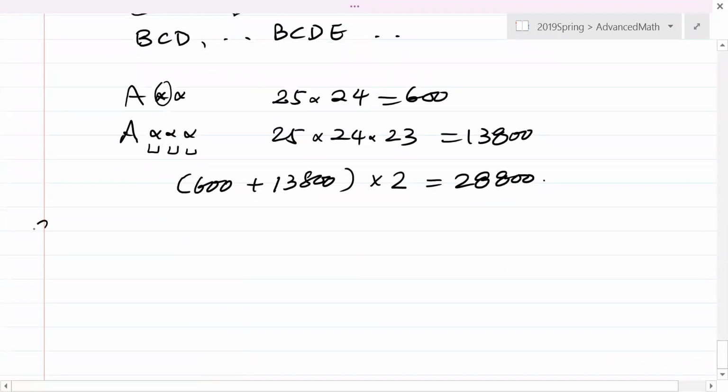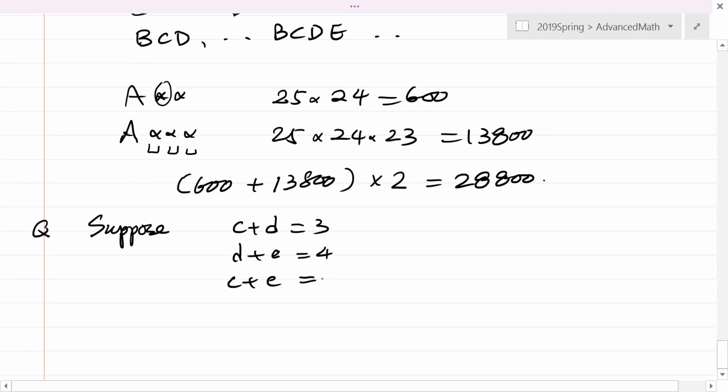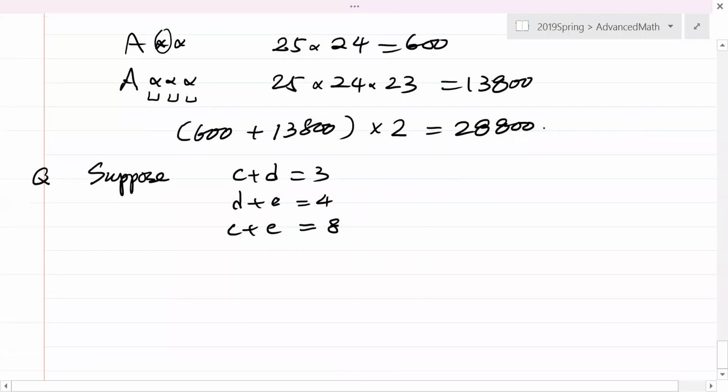All right, so let's look at the next problem. We have several equations. Suppose that C plus D equals 3, D plus E equals 4, C plus E equals 8.